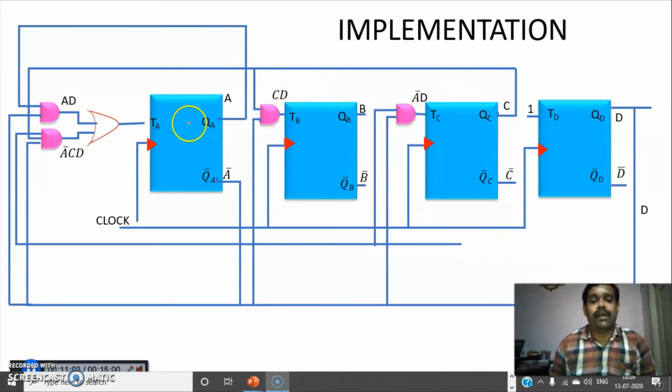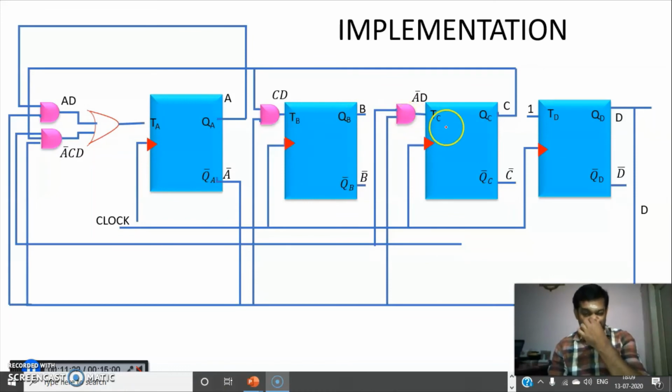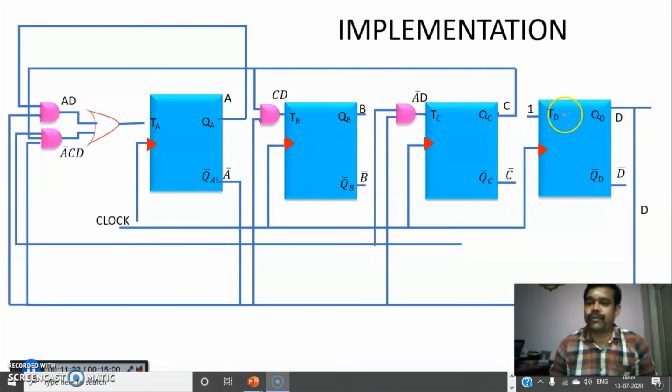Here you are having 4 flip-flops TA, TB, TC and TD. And from the flip-flop input expressions, we are drawing this diagram. The output of TA is A, the output of TB is B, the output of TC is C, and the output of TD is D. From this we are drawing the diagram.